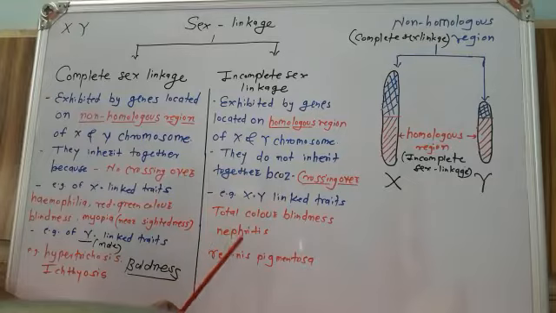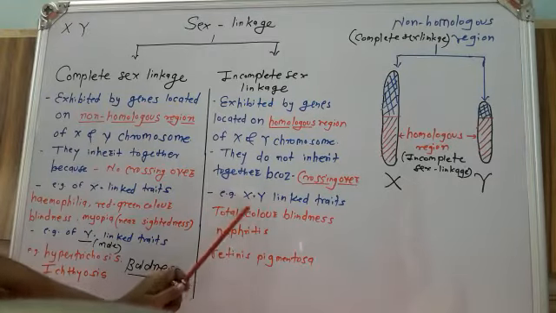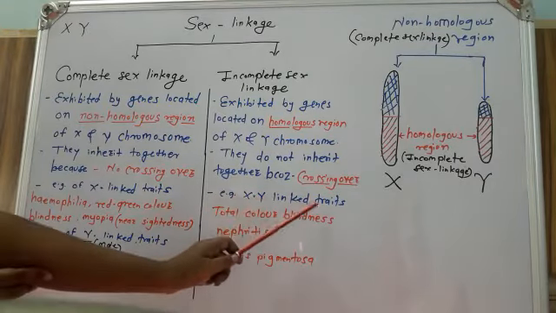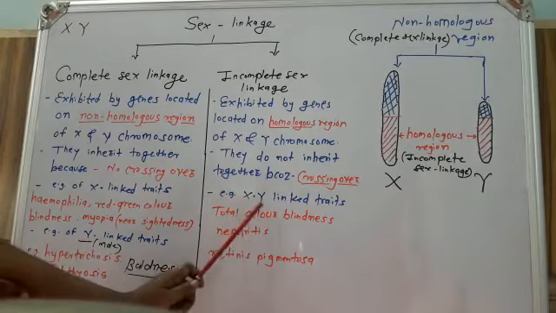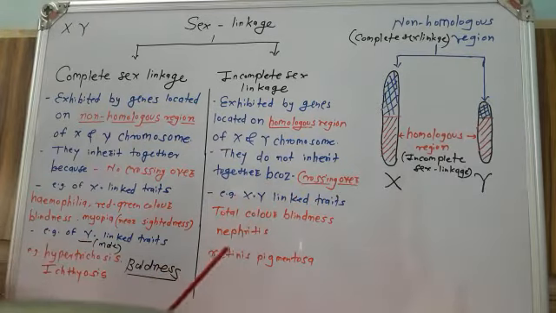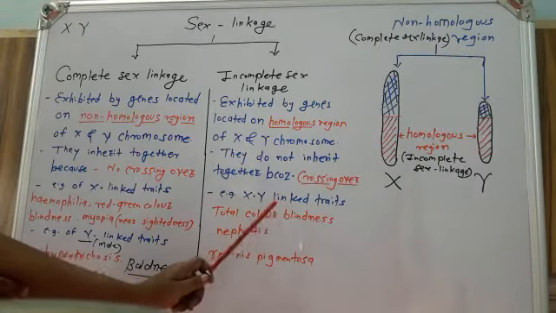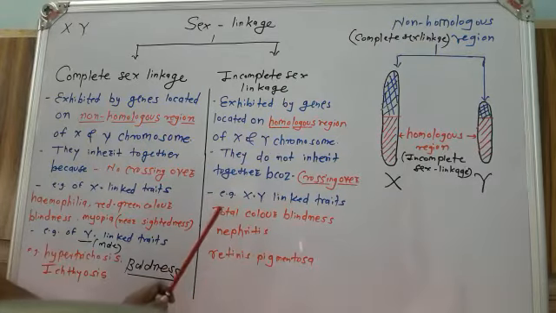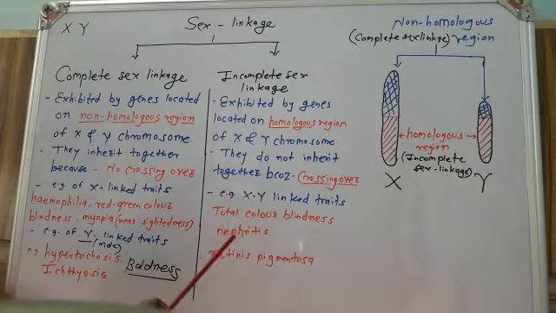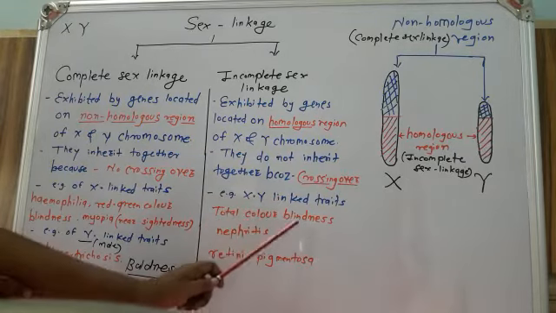See the disorders here. An example of XY-linked traits is total color blindness. In this disorder, a person cannot identify the difference between any kind of color. So it is total color blindness.